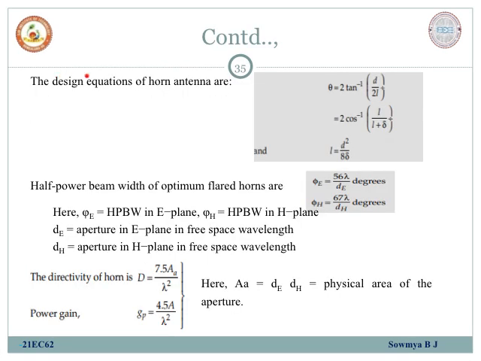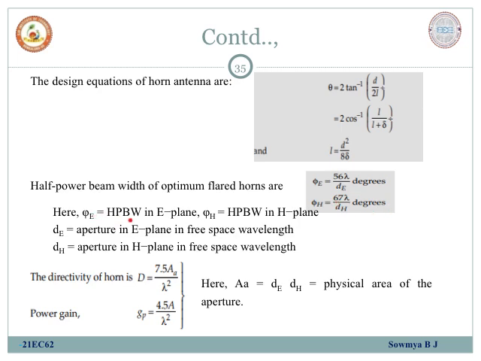Now coming to the design equations of the horn antenna. Theta is given by 2 tan inverse of d by 2l, and this can be written as 2 cos inverse of 1 by 1 plus tau, and L is given by d square by 8 tau. Half power beamwidth of optimum flared horns is phi E equal to 66 lambda by dE in degrees, and phi H equal to 67 lambda by dH in degrees.